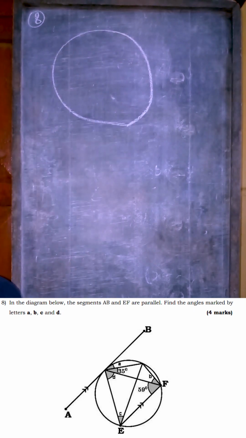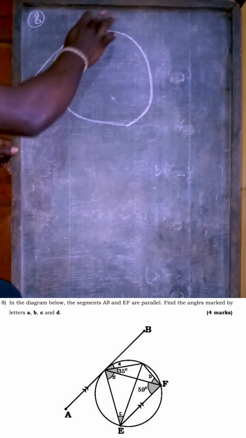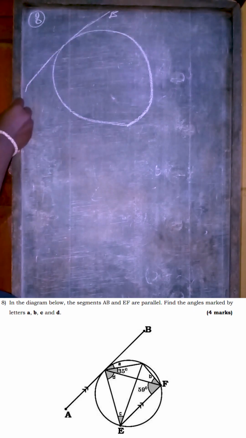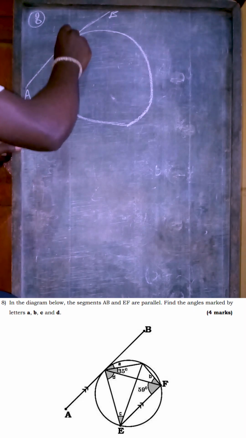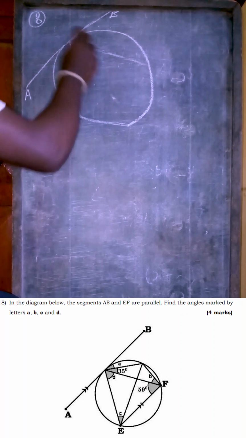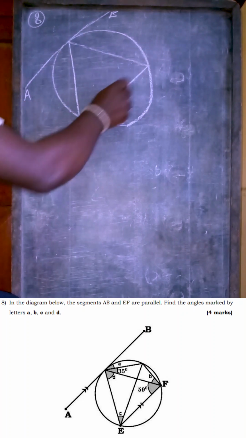And this circle has the tangent line here, and the tangent has B here and A here, as you see. And that tangent has the triangle which is touching this point of tangent.